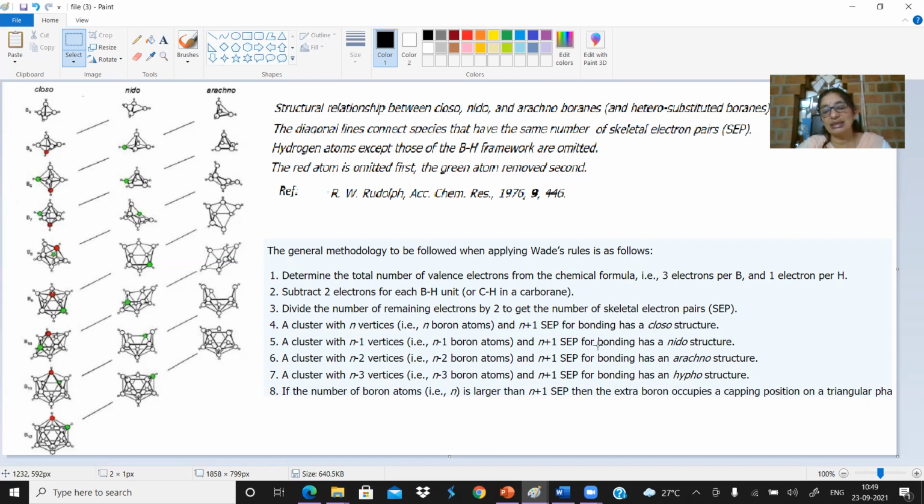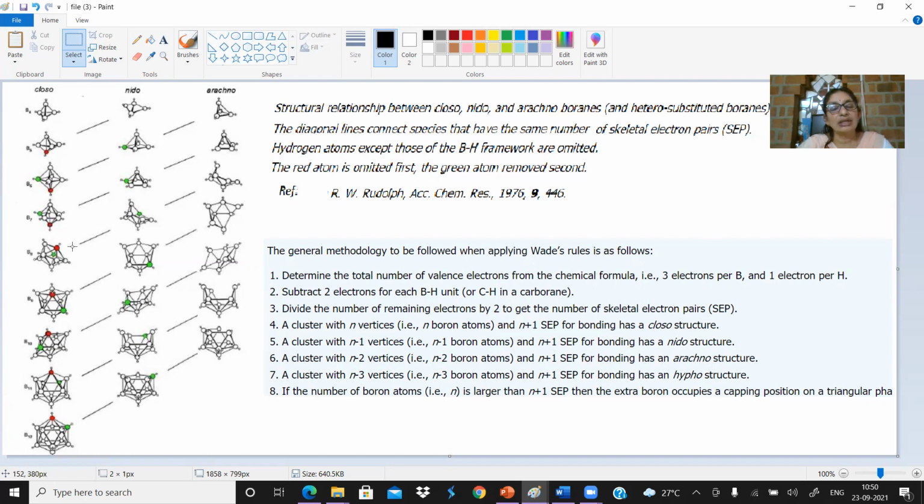So you can say it either way. A cluster with n minus 2 vertices and n plus 1 skeletal electron pairs is an arachno structure, or a cluster with n vertices and n plus 3 skeletal electron pairs for bonding has an arachno structure. Similarly, you can say the same for the hypho structure.